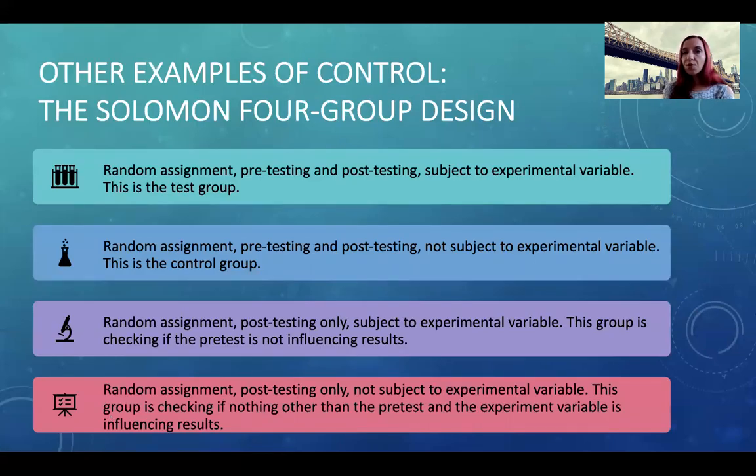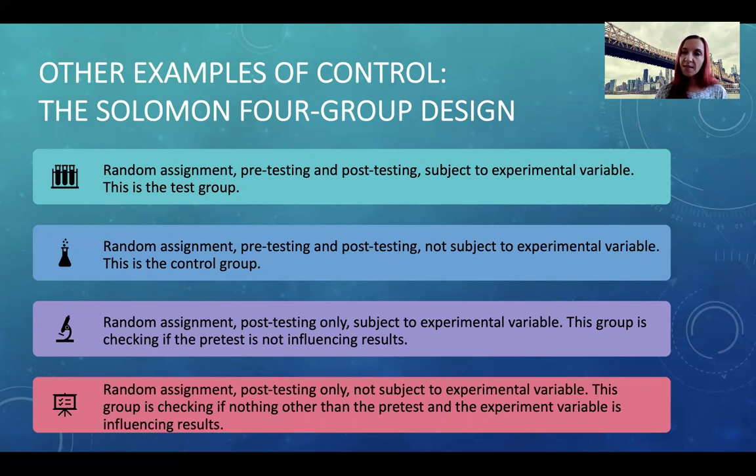There are other examples of control when it comes to experimental design, and that is the Solomon four group design. This is a bit more complex to design and understand. What does it mean to have 4 groups in your experimental design?